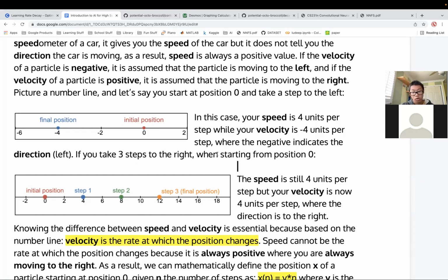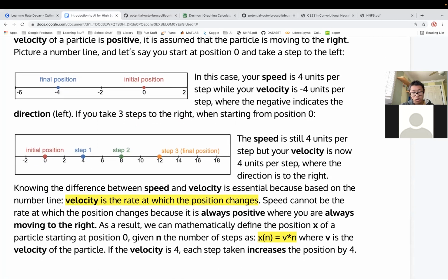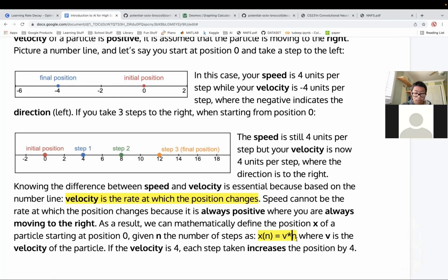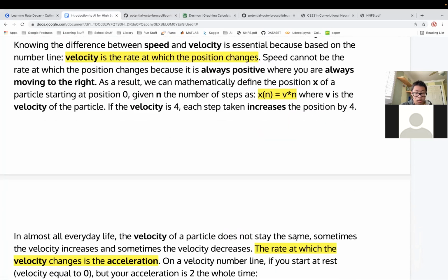So we're just talking about integers here. Because it's steps, we can say that your position is a function that looks like this.